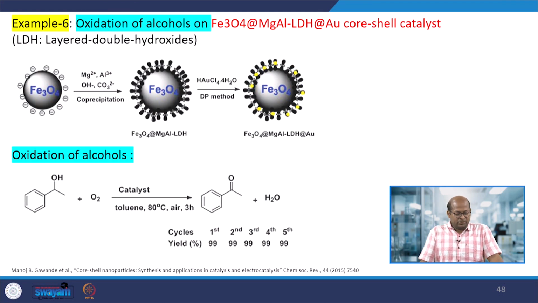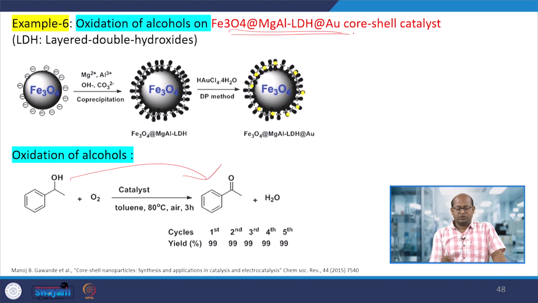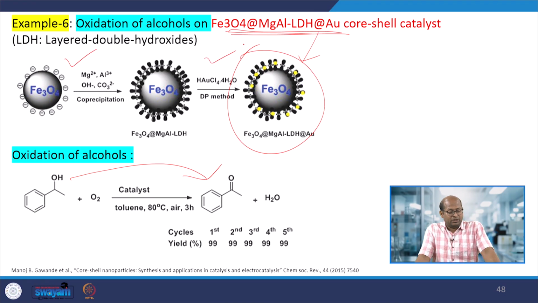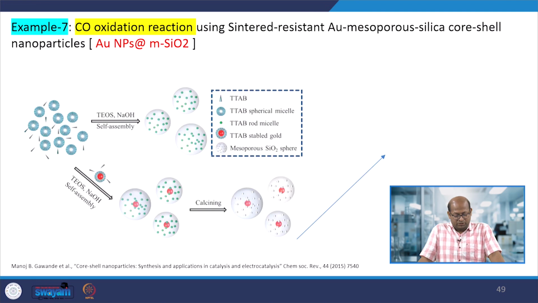Similarly, there are other reactions as well. Here is alcohol to ketone formation, where this catalyst can be used, the catalyst prepared by the core-shell method. Here a step-by-step method is given. Here double layer hydroxide formation is there, magnesium aluminum double layer hydroxides, which is very effective for this particular oxidation of alcohols into ketone compounds.